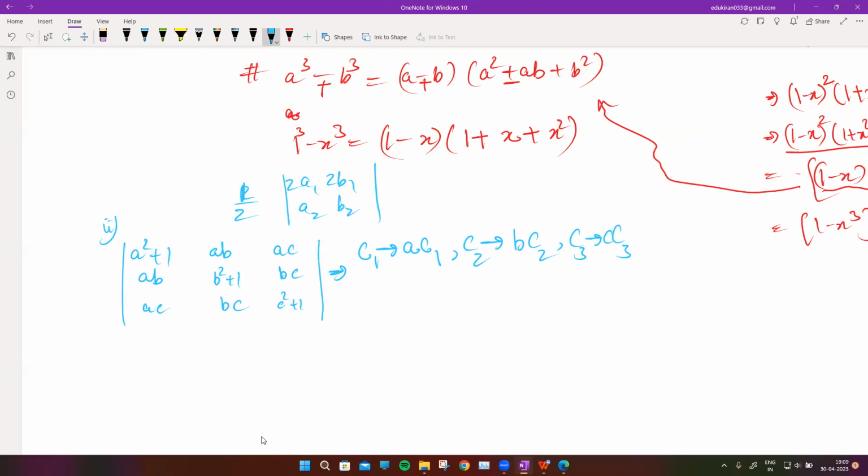So I'm multiplying column 1 by a, column 2 by b, and column 3 by c.